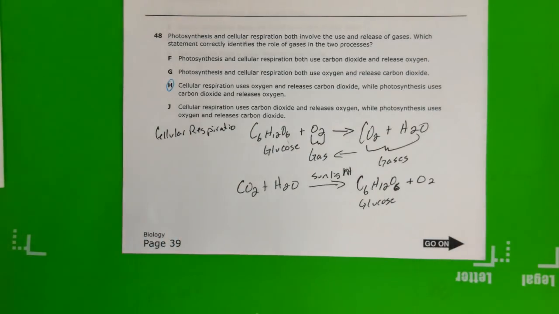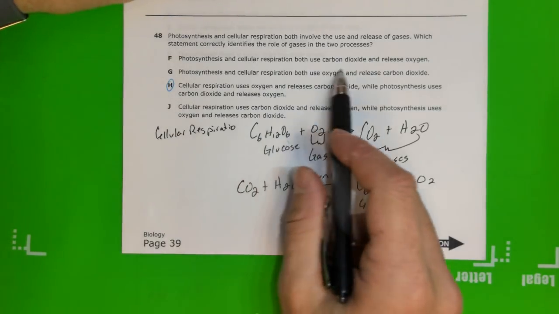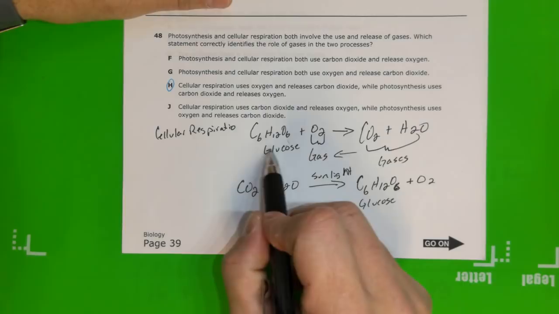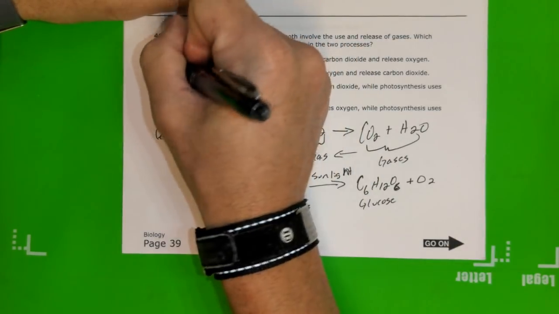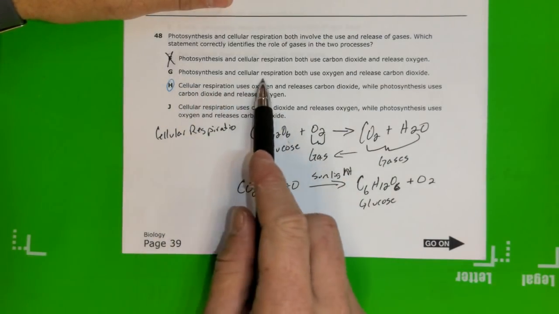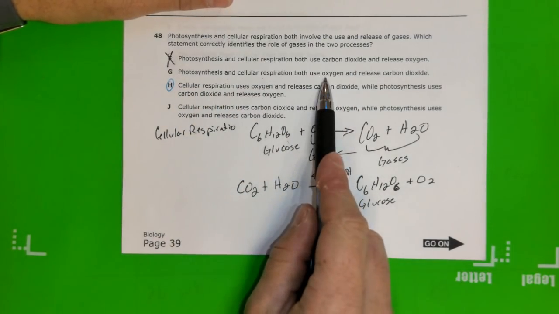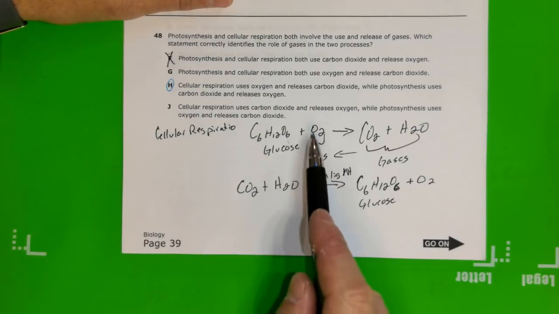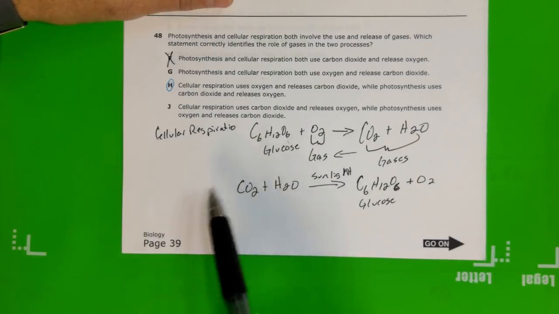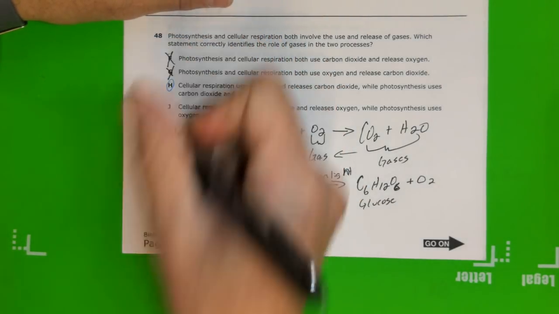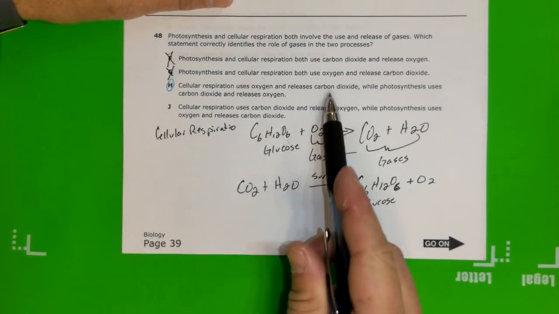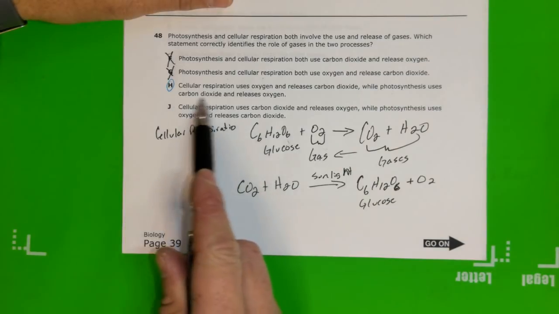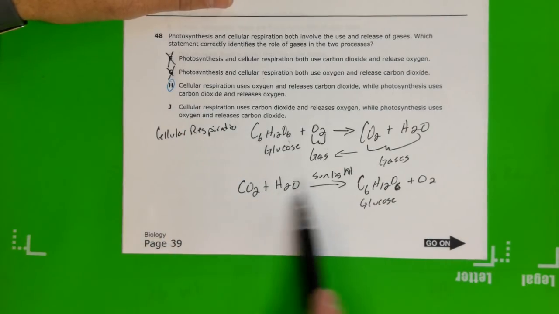So now that we have the reactions, let's read the statements. Photosynthesis and cellular respiration both use carbon dioxide. Well, they don't, because cellular respiration uses glucose and oxygen. So that one's not right. Photosynthesis and respiration both use oxygen. Well, we use oxygen, but plants use carbon dioxide. And then cellular respiration uses oxygen and releases carbon dioxide, while photosynthesis uses carbon dioxide and releases oxygen.